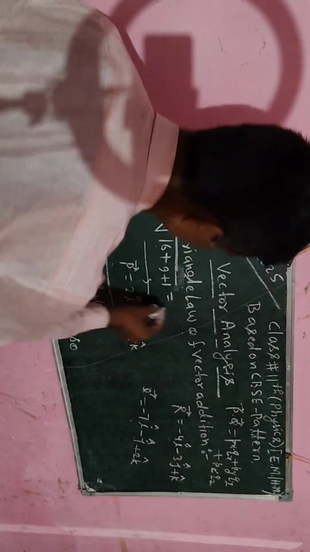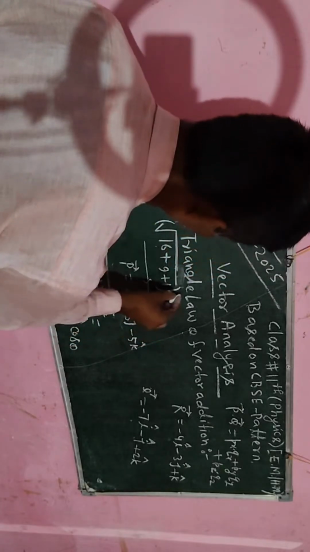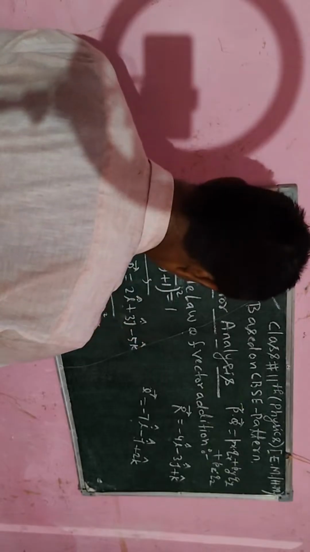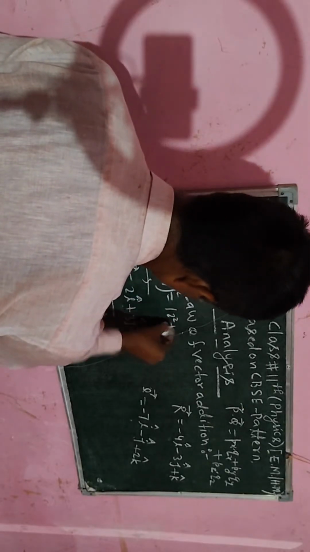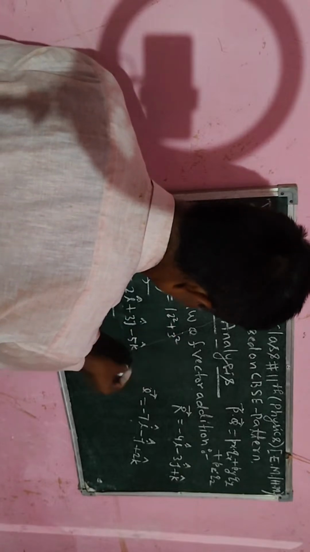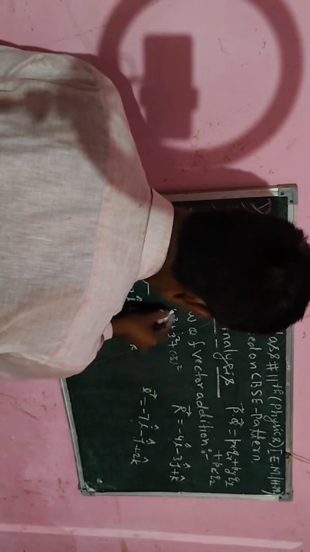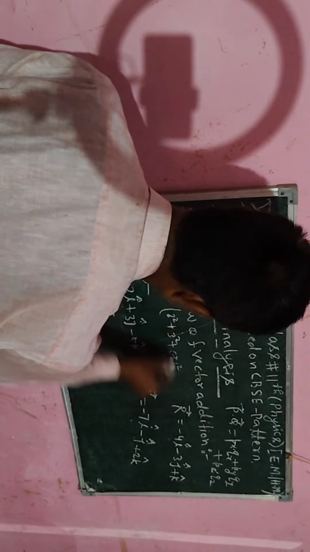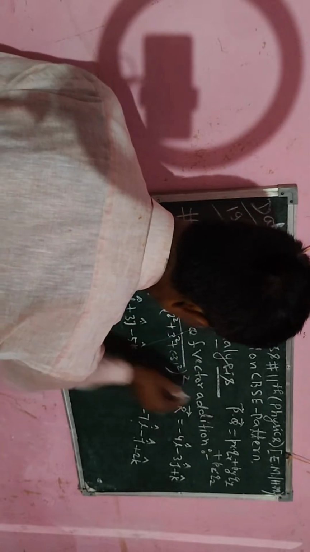So P square will be P, and then I will put here whole square, and here I will write P square, that will be 2 whole square plus 3 whole square plus minus 5 whole square, and all will be within the square root.